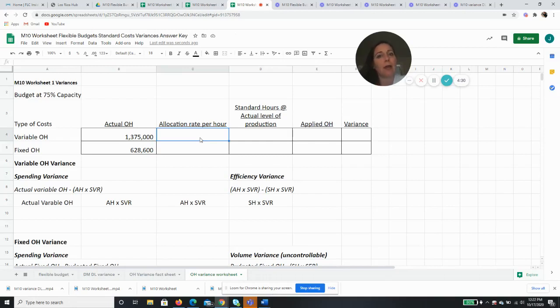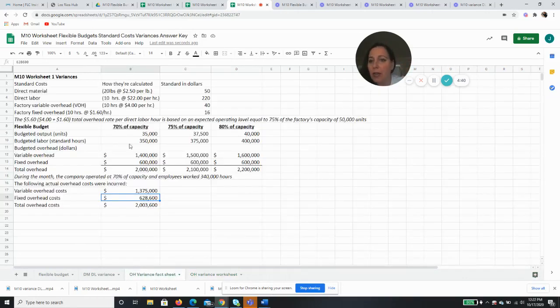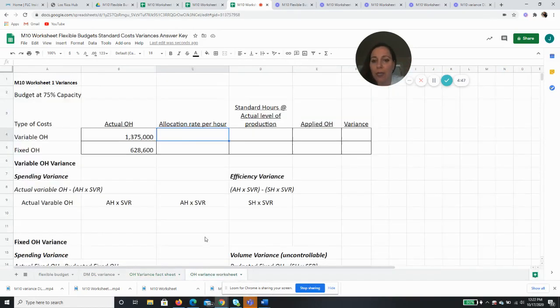Because remember back to like modules 3 and 4, we allocate or apply overhead based on that standard. So if we look back over here, it said our standard is $4 an hour for variable and $1.60 an hour for fixed. So $4 an hour here and $1.60 for fixed.